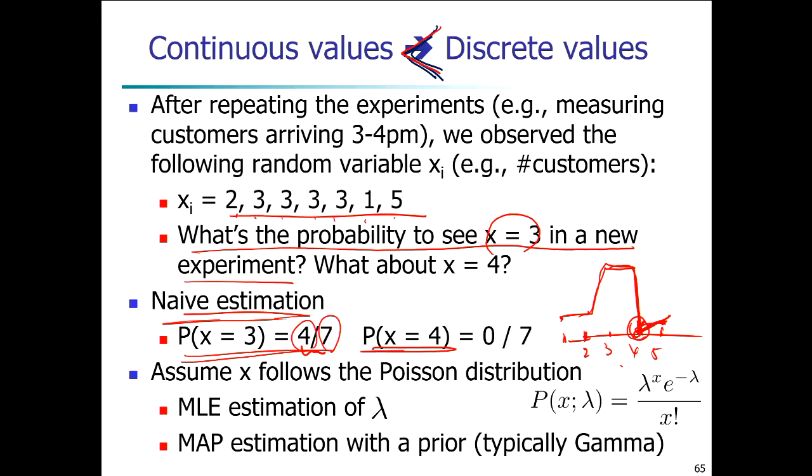So if you think about it, we are not happy with this kind of thing. We are not happy even if we say, okay, this value we just assign a very small value, let's say 0.1. By the way, if we do something like this, this is usually called smoothing. Later when we talk about the naive Bayes classifier, and it happens a lot to probabilistic classifiers, you actually apply this kind of smoothing.